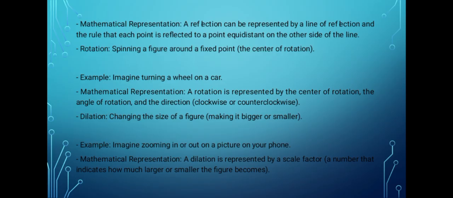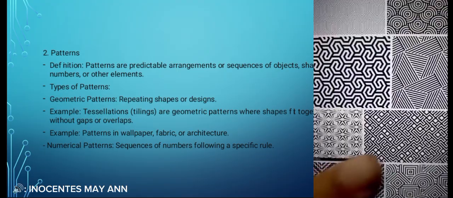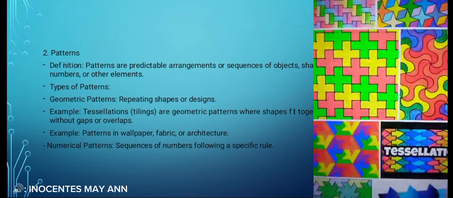Number 2, patterns. Patterns are predictable arrangements or sequences of objects, shapes, numbers, or other elements. Types of patterns. Geometric patterns, repeating shapes or designs. Example, tessellations or tilings are geometric patterns where shapes fit together without gaps or overlap. An example is this.